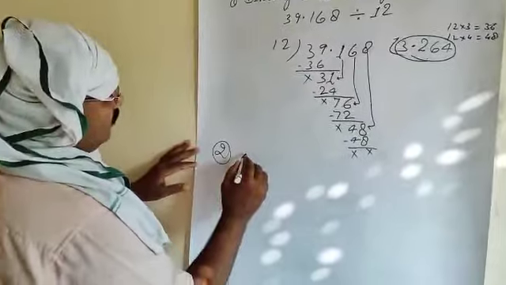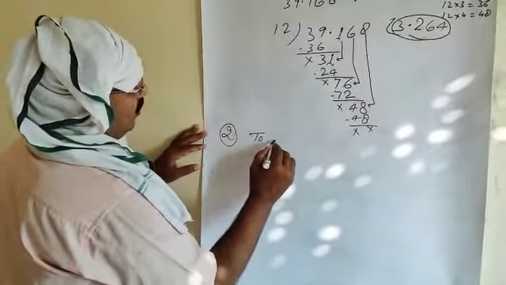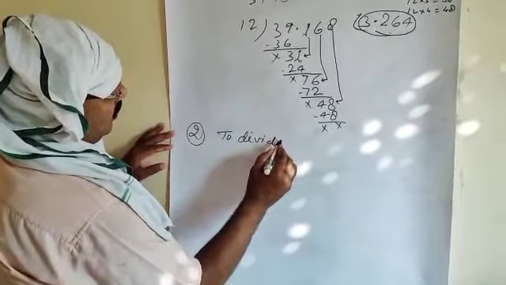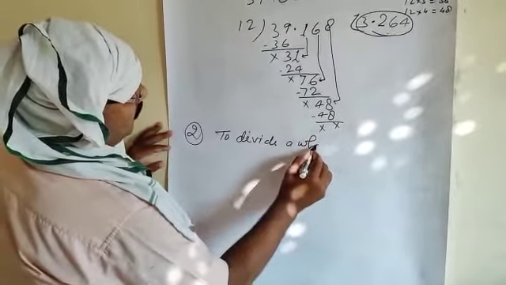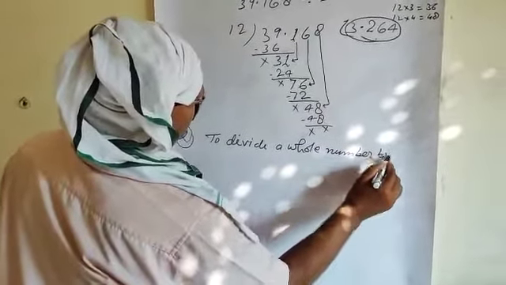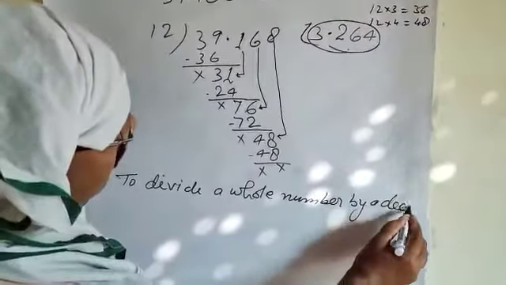The next process is to divide a whole number by a decimal number.